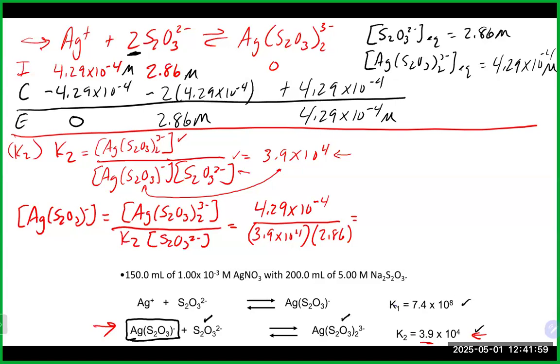So doing all that will give us 4.29 times 10 to the minus 4 divided by 3.9 times 10 to the 4th divided by 2.86. I'm going to go scientific notation, so I end up with maybe 3.8 times 10 to the minus 9 molar.